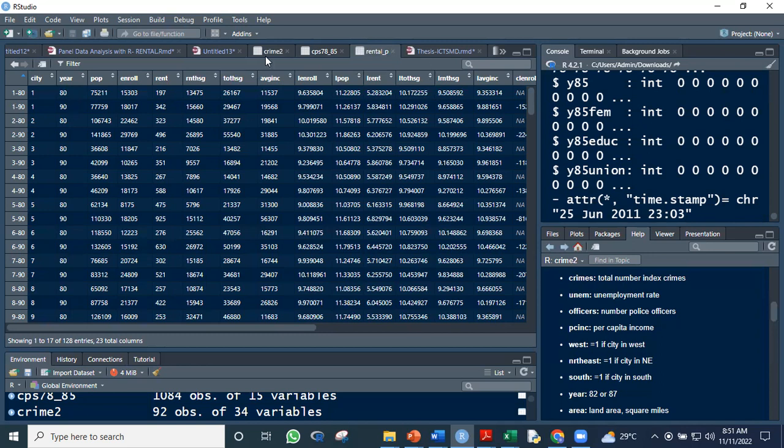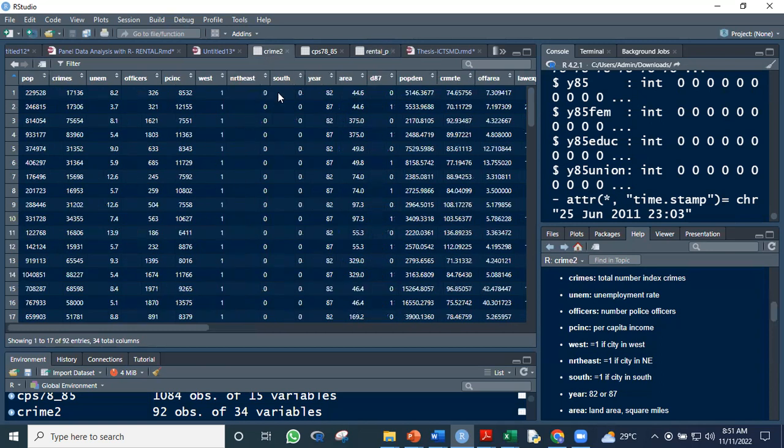Okay, in the same manner, itong crime 2, you have 46 cities here. Tapos, one city in 1982, and then tinignan ulit yung record niya noong 1987. So how many cities are we looking at here? 46 cities. Okay, clear yun, class?